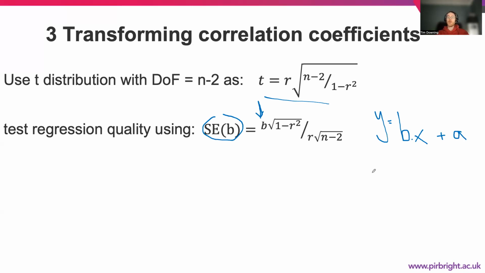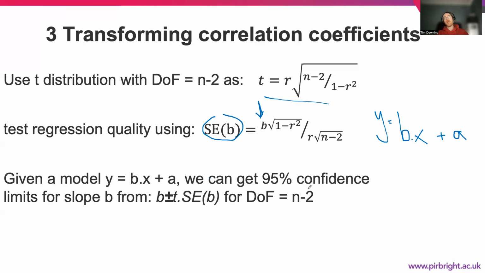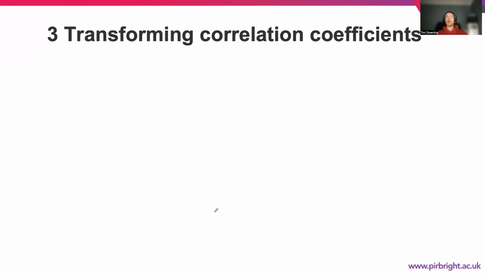That's the slope b we're looking at. We can get 95% confidence intervals using this standard error multiplied by the value t for n minus 2 degrees of freedom, and that is our confidence interval. That's just something that we'll do with our code later.